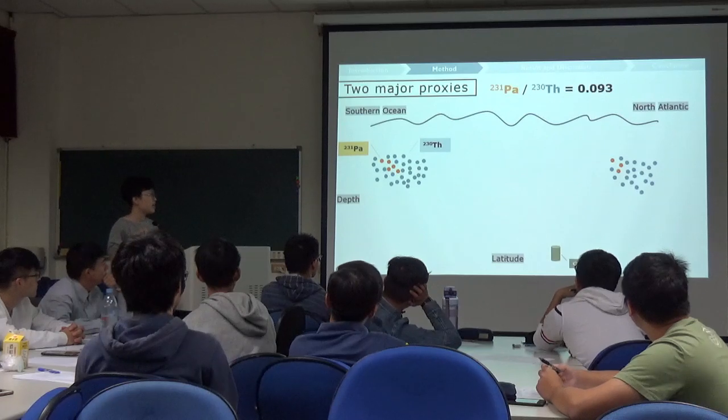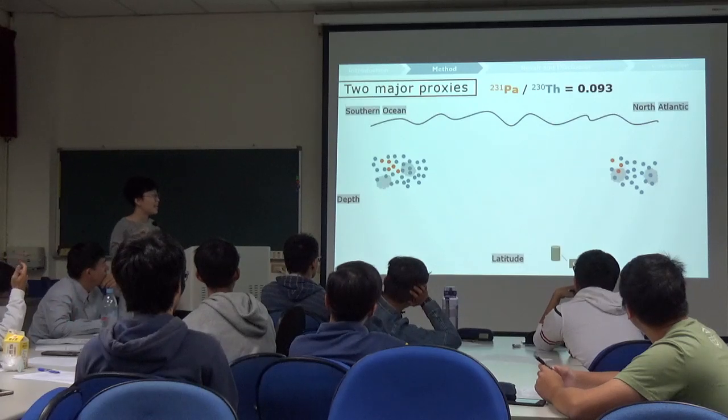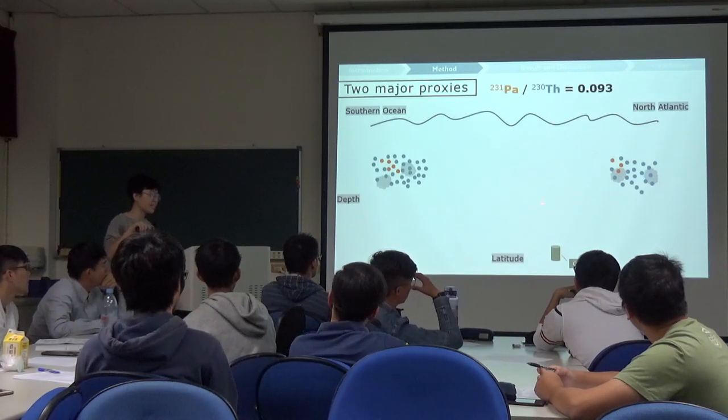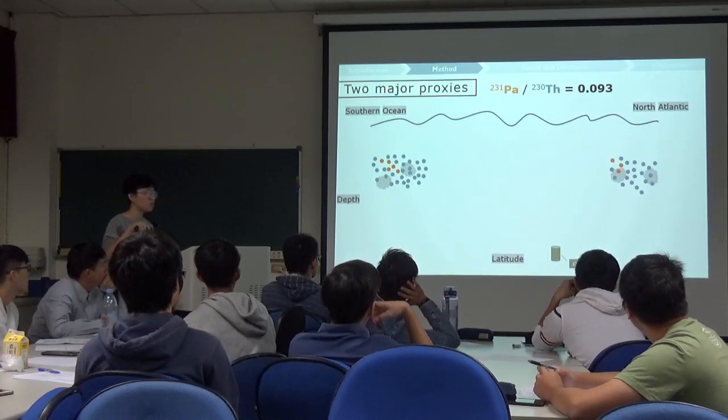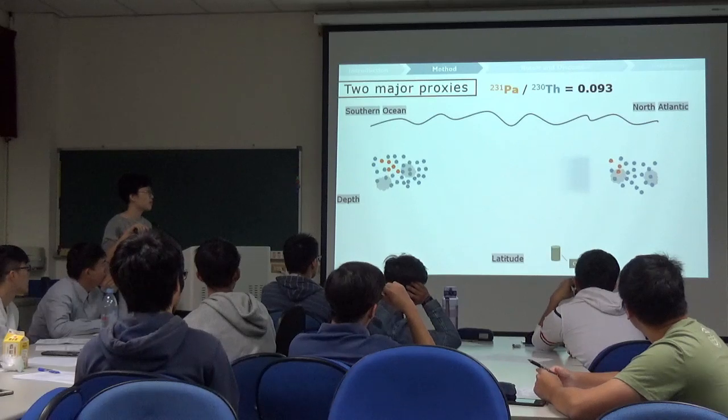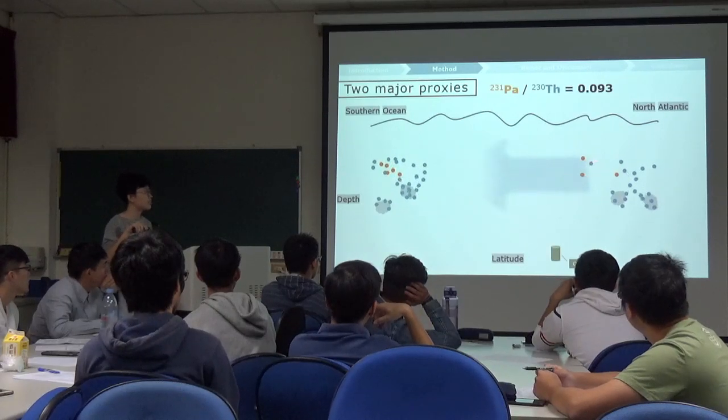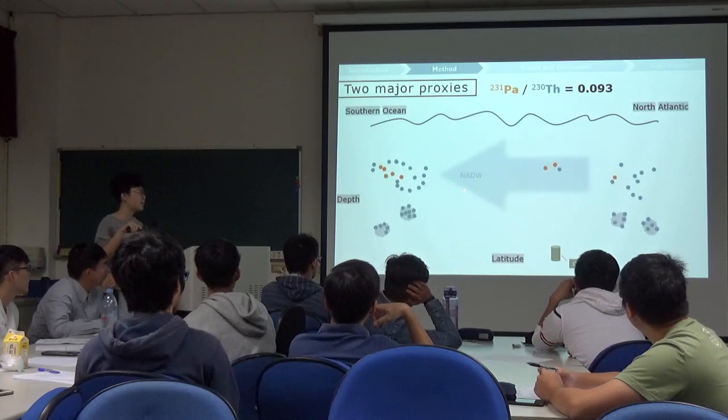We all know that there are many particles in the ocean, and thorium is more particle reactive, so it drops to the sediment more rapidly. And the protactinium is removed by the NADW.